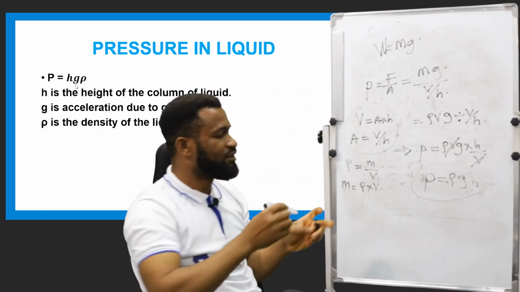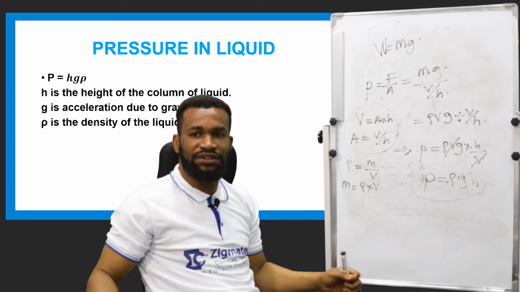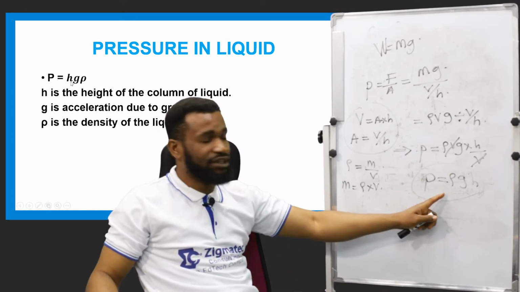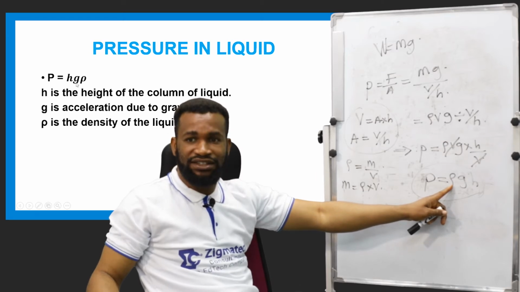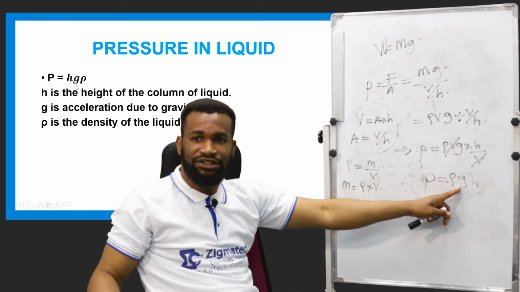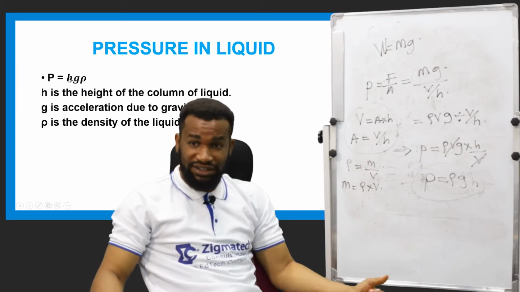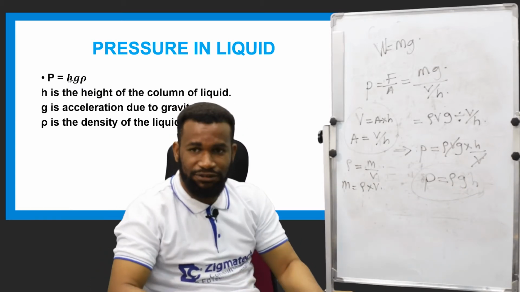And remember that multiplication is commutative. So it doesn't matter how the parameters are arranged, but you can note that this is the density, this is acceleration due to gravity, and this is the height or depth of the liquid, as the case may be.